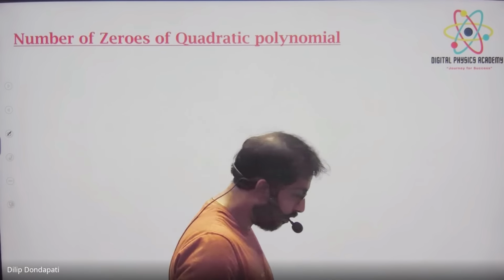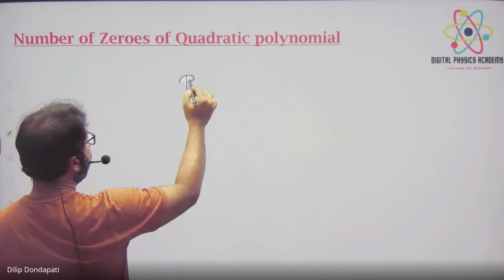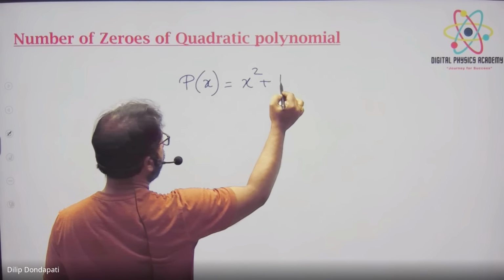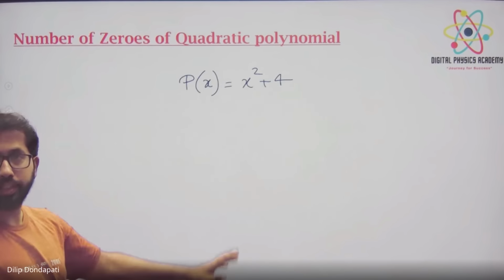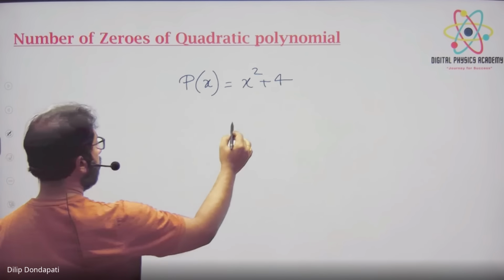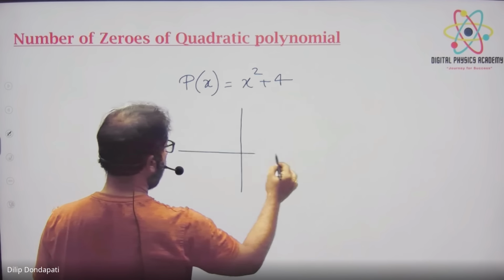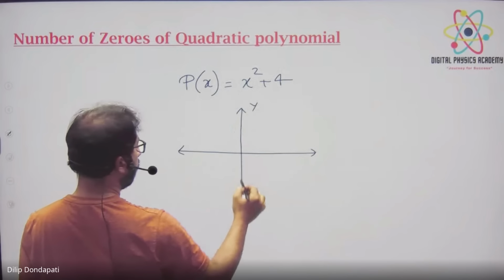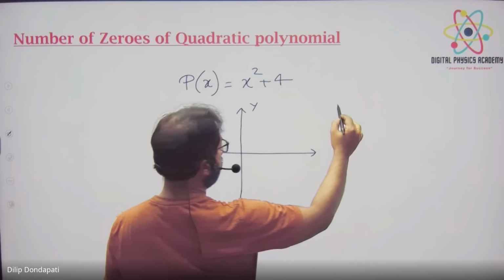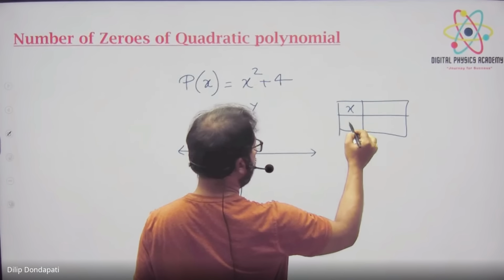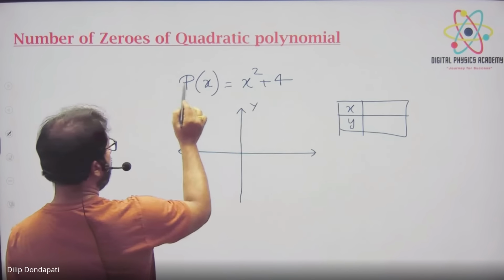Suppose I give the graph p of x is equal to x square plus 4. It is a quadratic polynomial, right? Degree 2. Now draw the graph and tell me how many zeros there are. This p of x is nothing but y only.